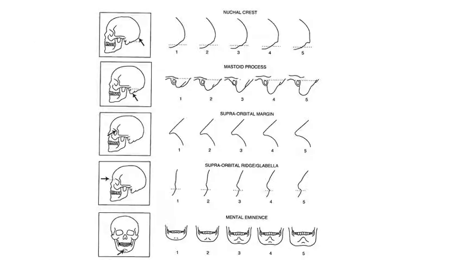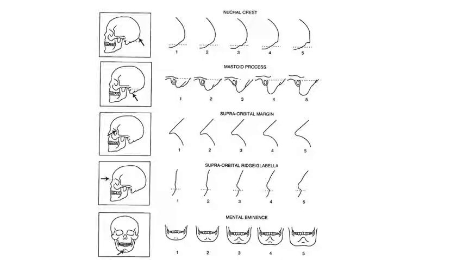So let's take a look at some of the areas that we're concerned about estimating sex on. On your WordPress, Evidence of the Past, you'll find a rating sheet. I'll also post this on our Canvas, and this is the sheet that I'm using.